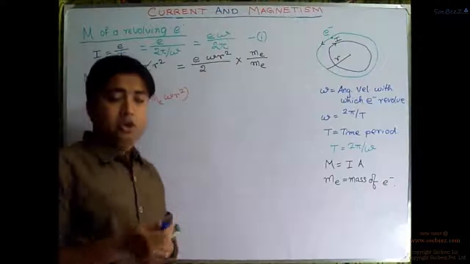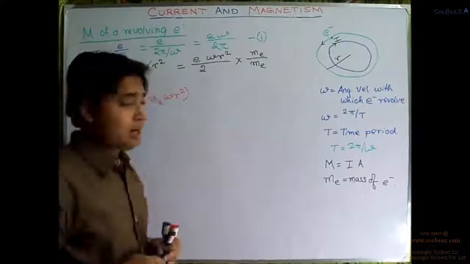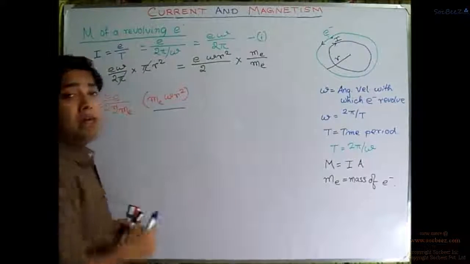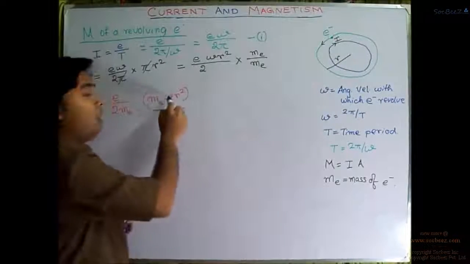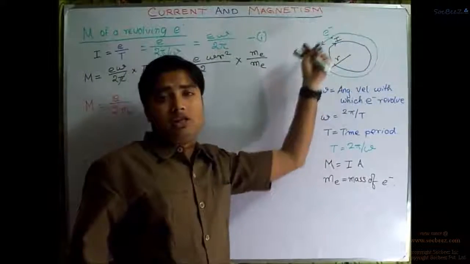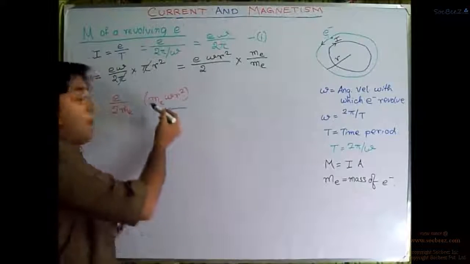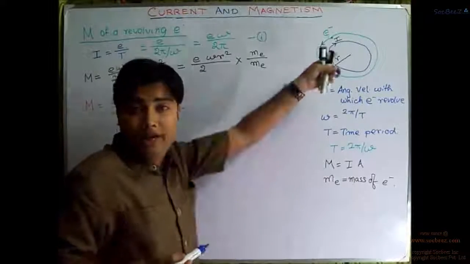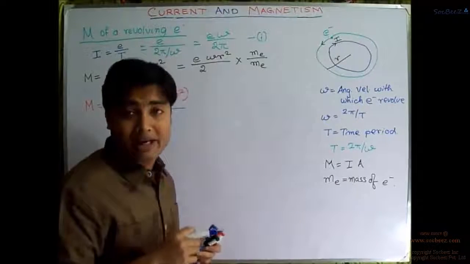Now, if you remember rotational dynamics, a body of mass m_e revolving with an angular velocity of omega, where the radius of this circle of revolution is equal to r, then m_e multiplied by omega multiplied by the square of this radius will simply be equal to the angular momentum.